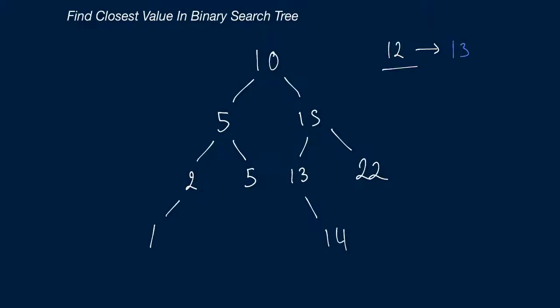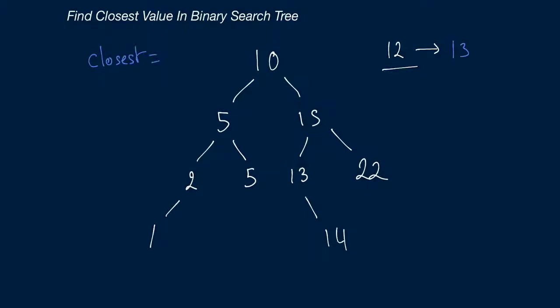The first thing we want to do is initialize a variable that is going to keep track of the closest value in that BST and continually update it. So at the beginning, I'll write it here at the top, closest is just going to be equal to, could be anything.